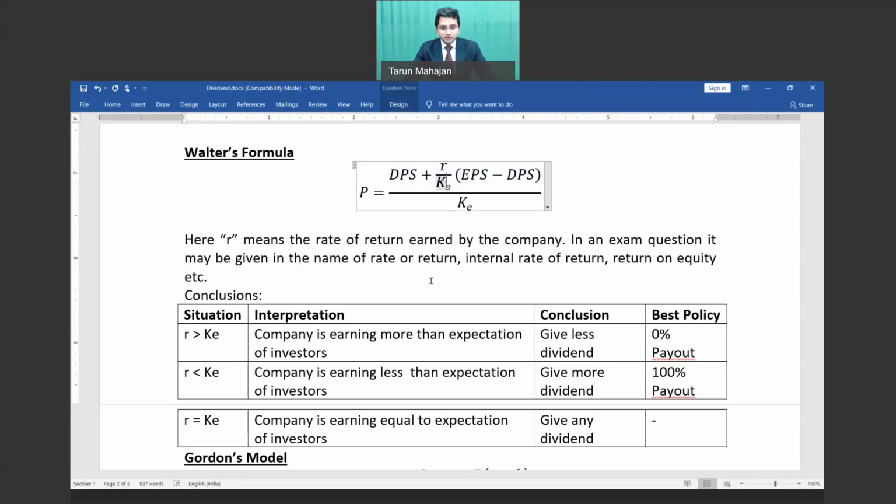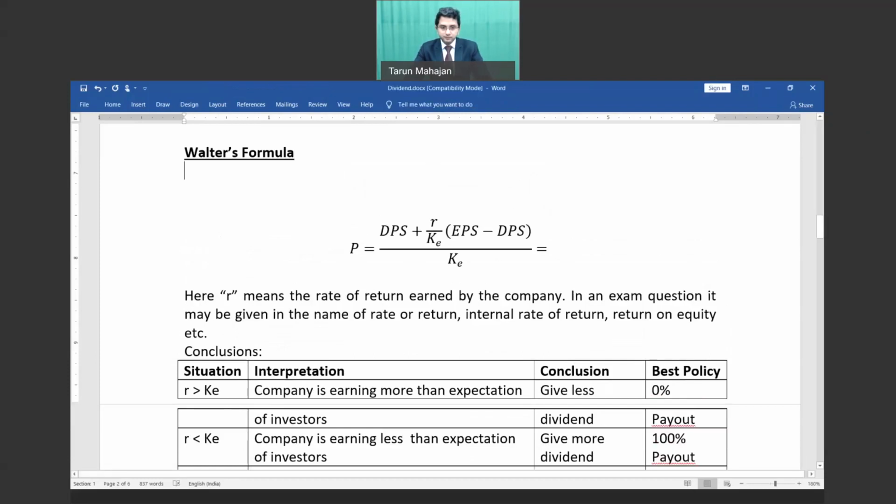I'll take one example to explain it. Suppose my earning per share is 8 rupees and I decide to distribute dividend per share of just, okay, and my return on equity, that is R, is 15%, and my cost of equity, that is K, is equal to 10%.